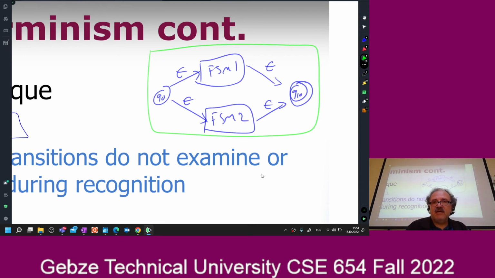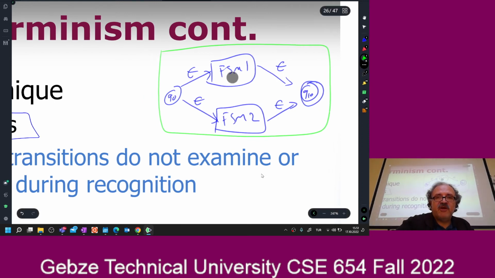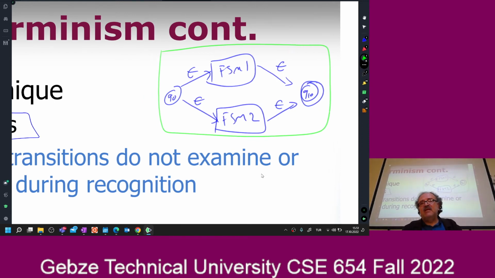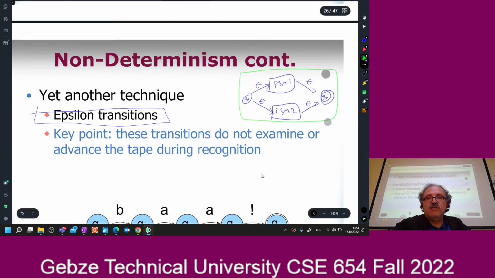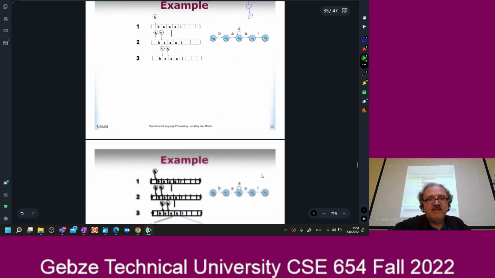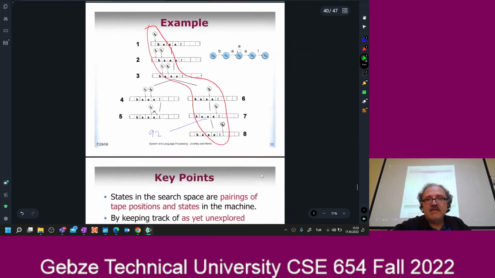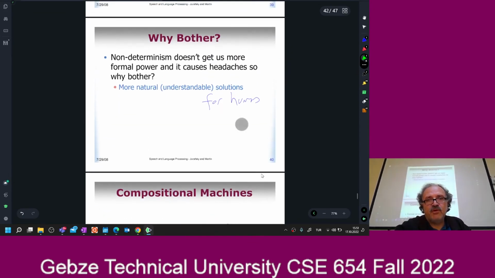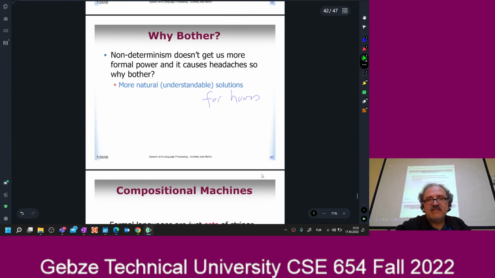It is easy to show, easy to understand, and easy to debug. If there is a problem with one of my finite state machines, I only debug that one, not the others. So non-deterministic ones are easy to deal with for us humans. That's why we prefer them for humans: more natural, understandable solutions.